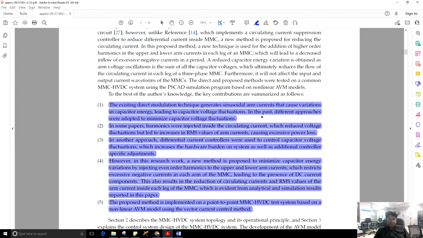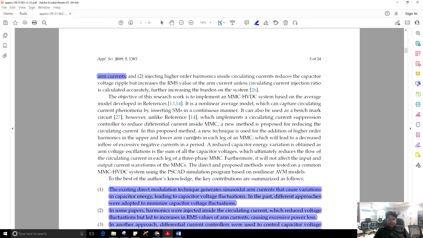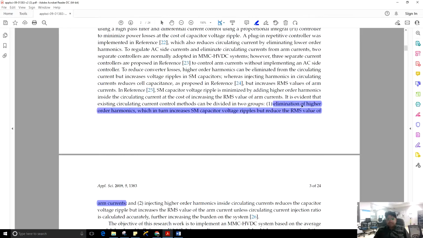Basically, in the literature review, there are two methods used. One method is in which elimination of higher order harmonics is done. You basically eliminate the higher order harmonics, which in turn increases submodule capacitor voltage ripples, but reduces the RMS value of arm current.